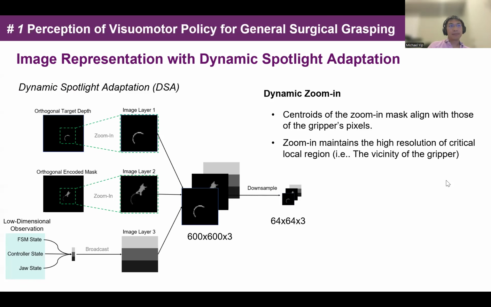The mask follows the gripper coordinate, so when the gripper moves, the mask moves accordingly. Right now we only support a single arm. In the future we need more layers to track more arms. It can be done easily, but you cannot do it directly without changing the algorithm. Okay, thanks.